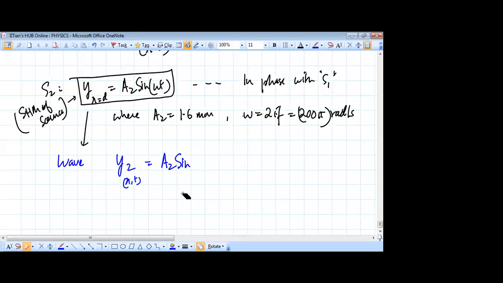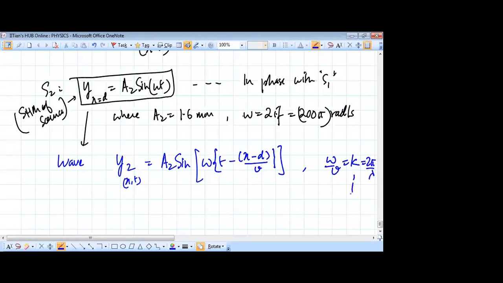But better we write it a bit more systematically. So it is omega into (t minus (x minus d) by v), where of course omega by v becomes k, which is basically 2 pi by lambda.